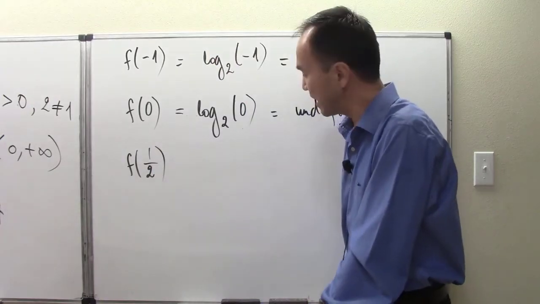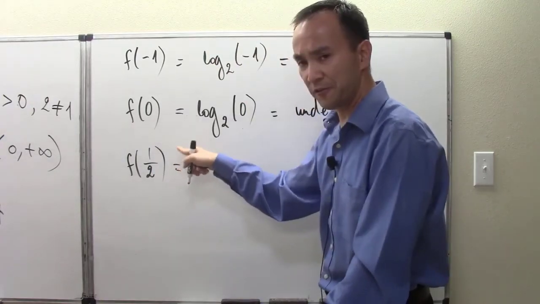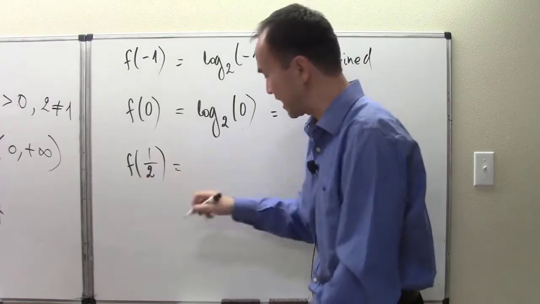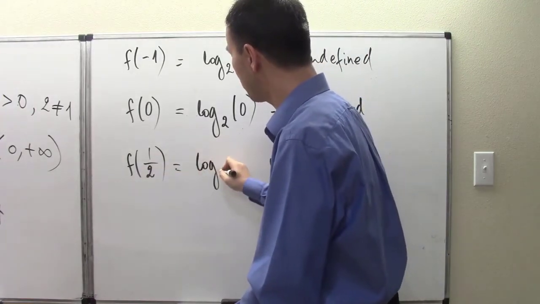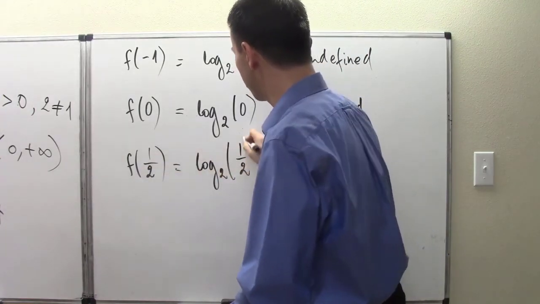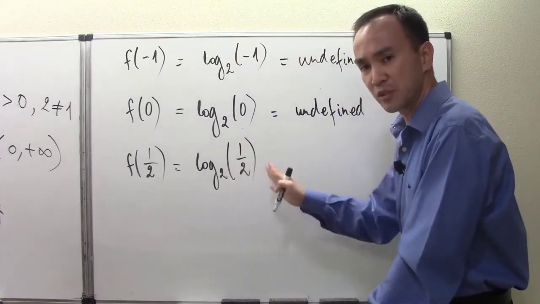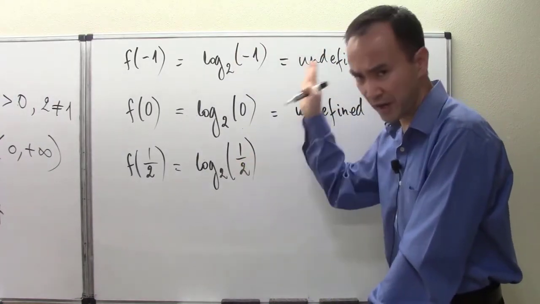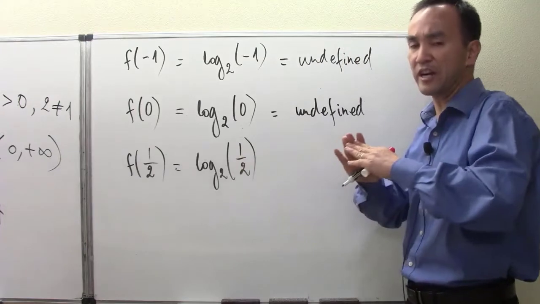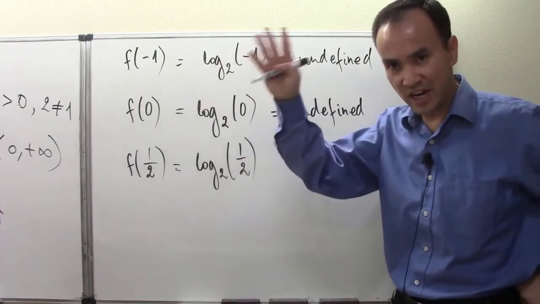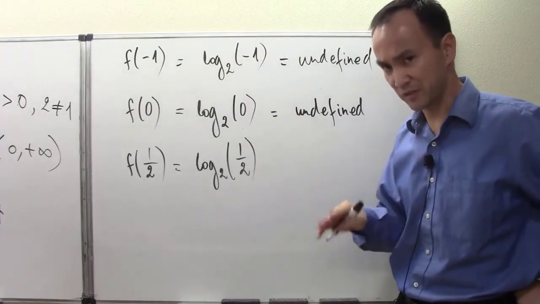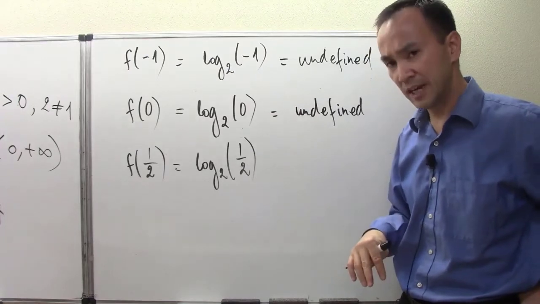For our function, the rule says we take log base 2 of the input 1/2. That produces a calculation very familiar from the lecture where I introduced logarithm as an operation.